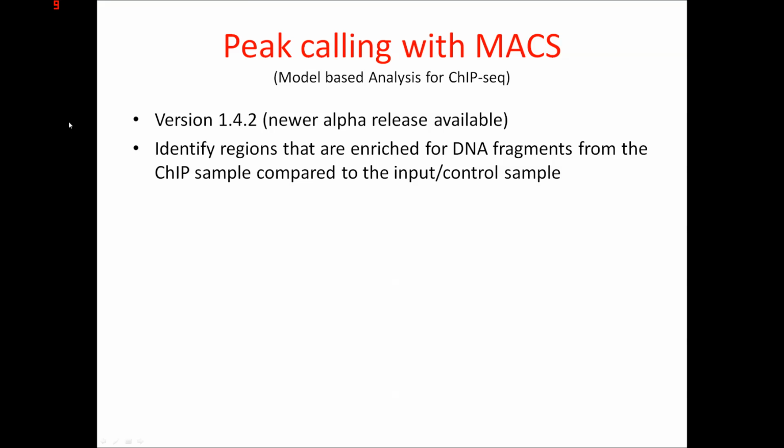Now, MACS doesn't just use the 36 base pair reads in this analysis. What it does is it tries to simulate the actual fragments that have been sequenced in the sequencer.